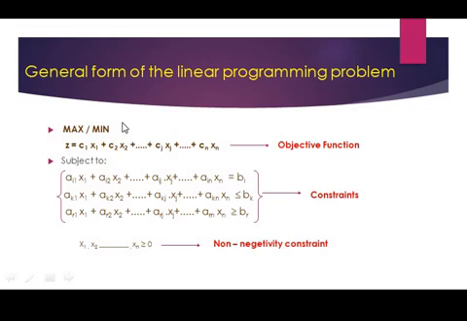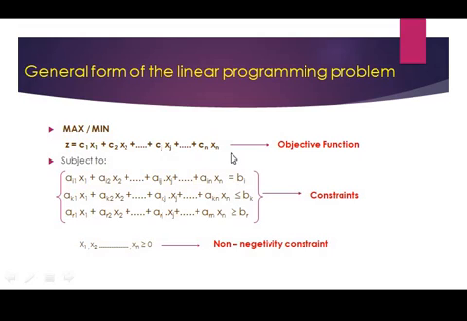We are supposed to find out the value of the decision variables in such a way that this objective function, or the basic objective behind solving the problem, is represented as a linear function.